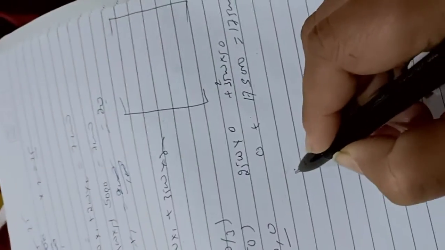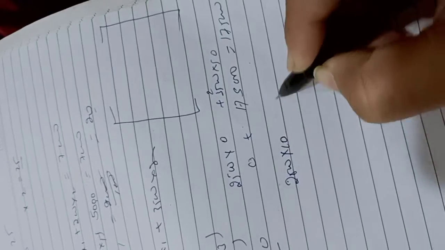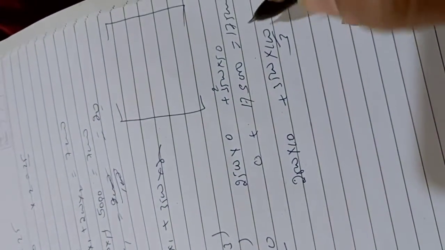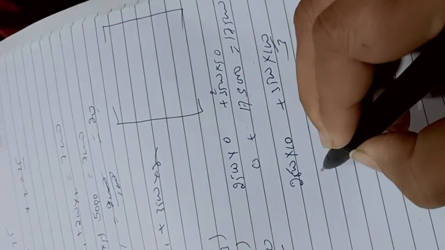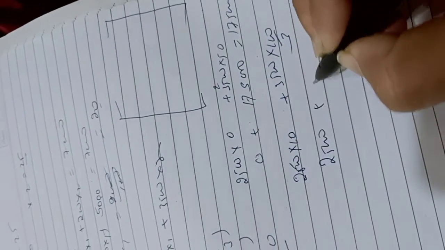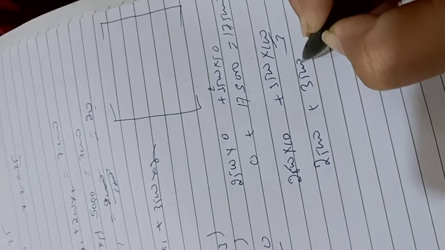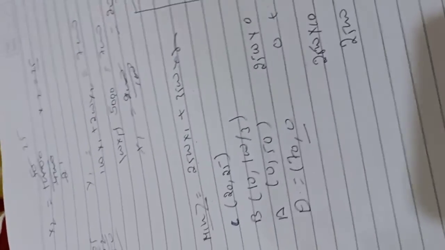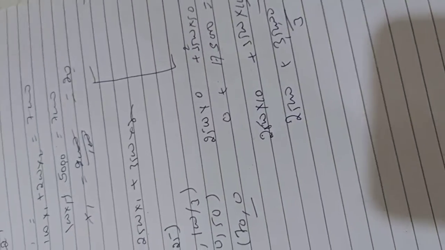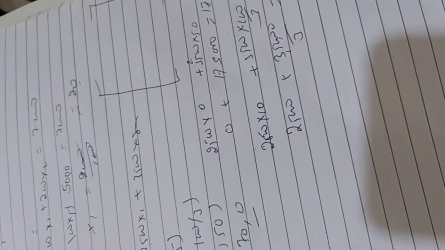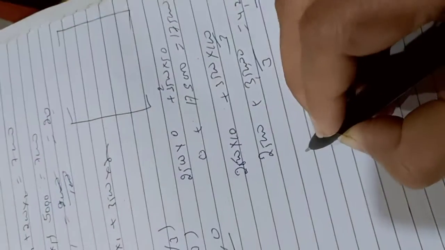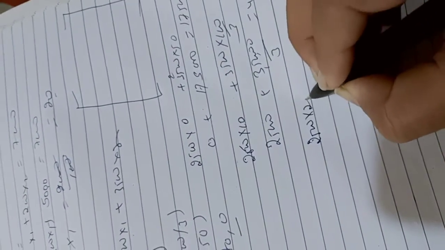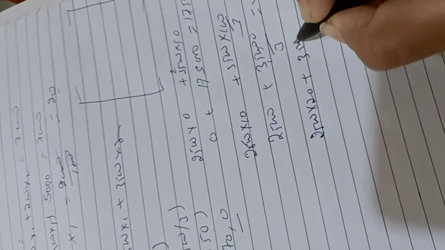Next, point B: 2500 into 10 plus 3500 into 100 by 3, so 2500 into 10 is 25,000 plus 3,50,000 by 3, we will get the answer of 4,25,000 by 3.